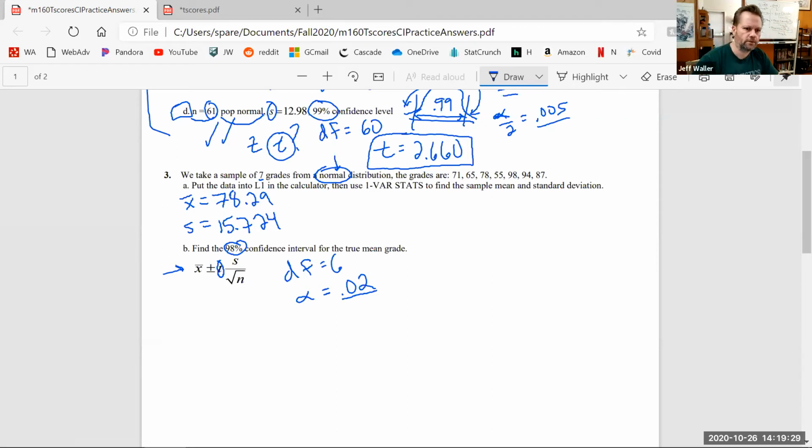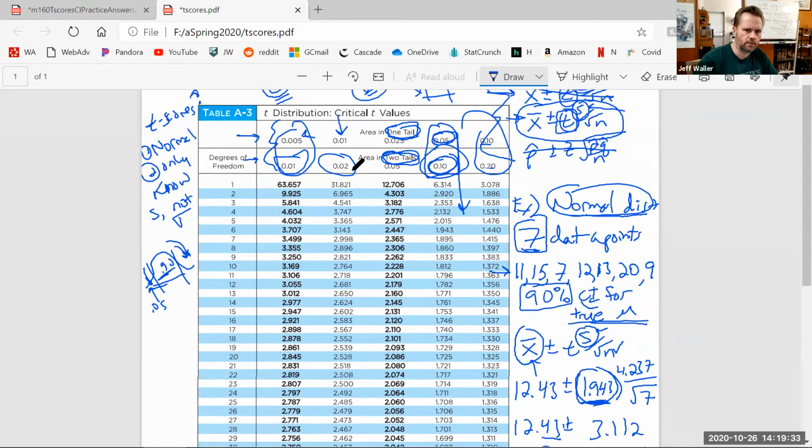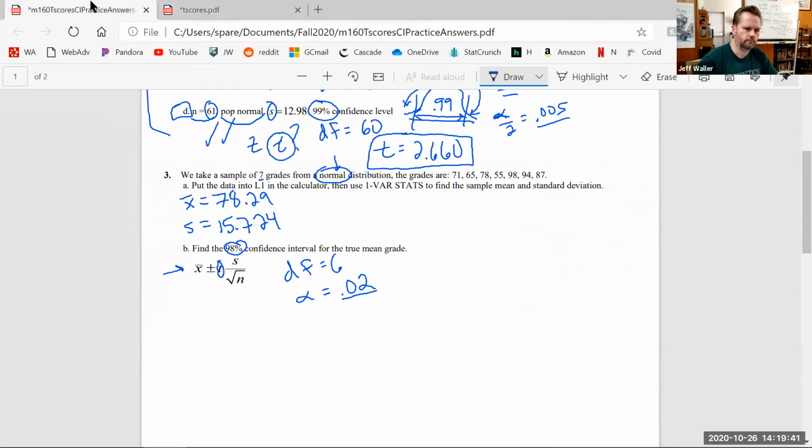So if we look at the t-score chart, 0.02 is this column. I stop at 6. Looks like 3.143. And then I just plug everything into the old formula and see what comes out.